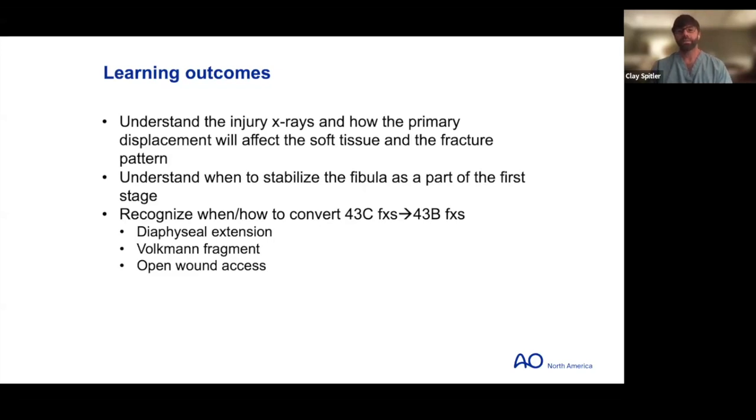And we've got some cases that will illustrate some of that, and understand when I choose to fix the fibula as a part of stage one, and then some of the next level thinking about how to set yourself up to make the second stage easier with the access that you have or limited additional access to fractures, so that stage two can be an easier and more effective part of the treatment.